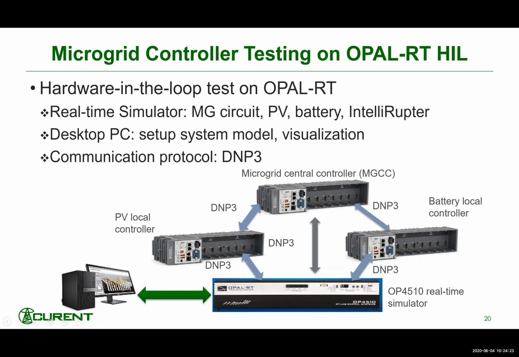Also, we have a desktop PC, which is used to set up the system model and for visualization. And we have the controllers: one battery local controller and one PV local controller, and also a centralized controller at the higher level. For the communication protocol we use DNP3, which is very popular at the distribution level.